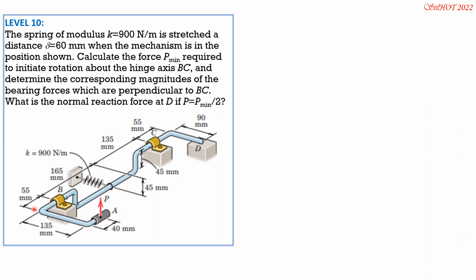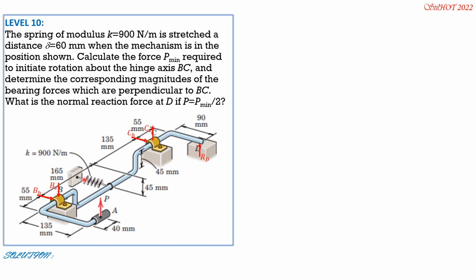So we set moment about BC equal to 0. By the way, let's apply the component reactions at B horizontal and B vertical, and C horizontal and C vertical. Then RD, which is 0 at first when P is P minimum.